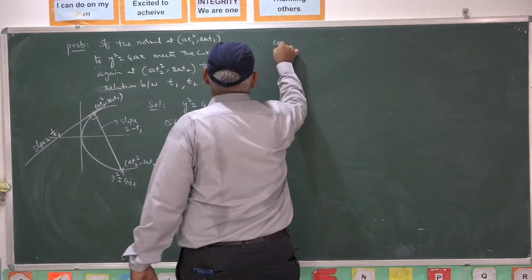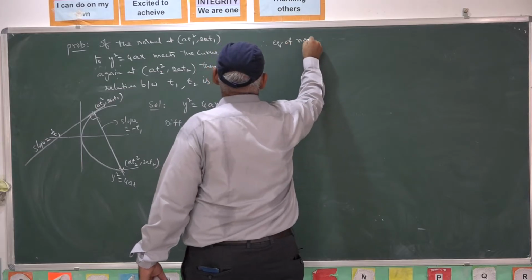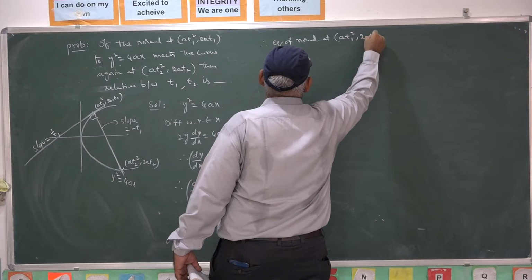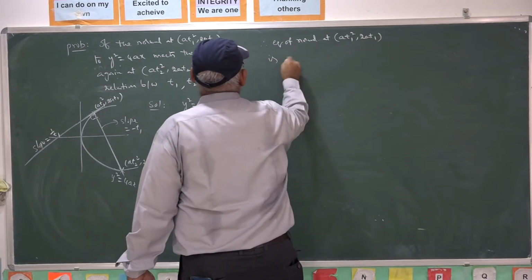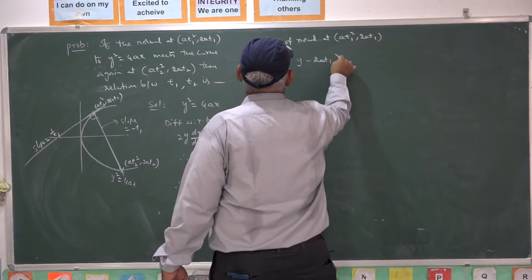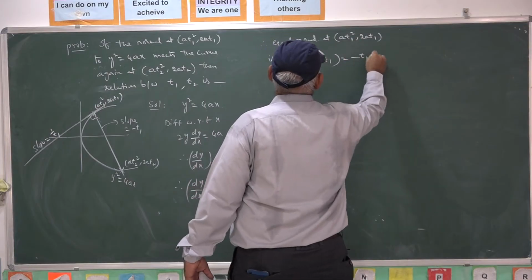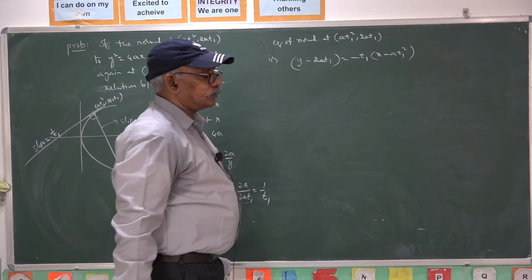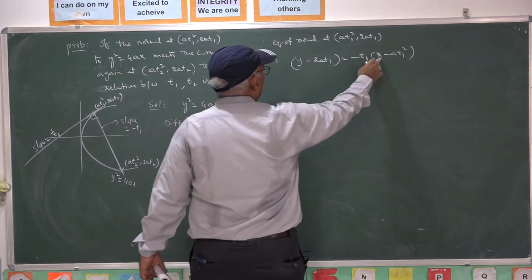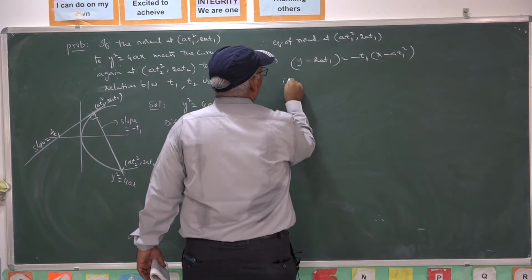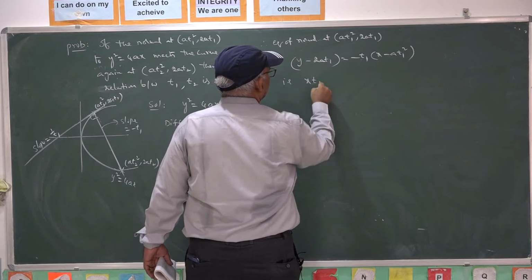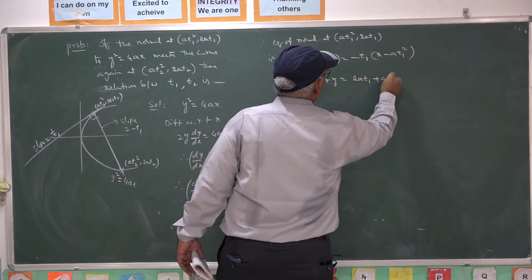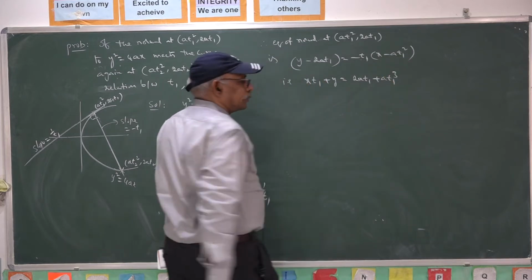Therefore, the equation of the normal at t1 to the curve is y minus 2a t1 equal to minus t1 into x minus a t1 square. On simplification, taking minus x t1 to this side, we get x t1 plus y equal to 2a t1 plus a t1 cube.